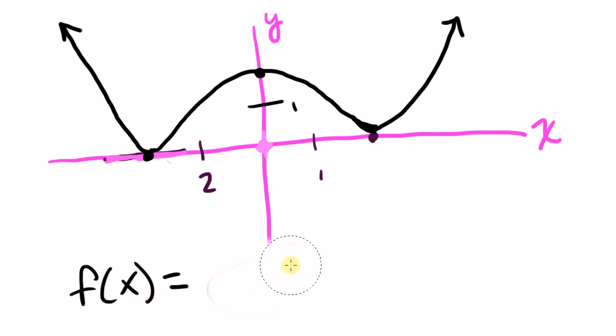Okay, so let's think about this. Let's label these zeros. This would be negative 3, and this guy is going to be 2, roughly.